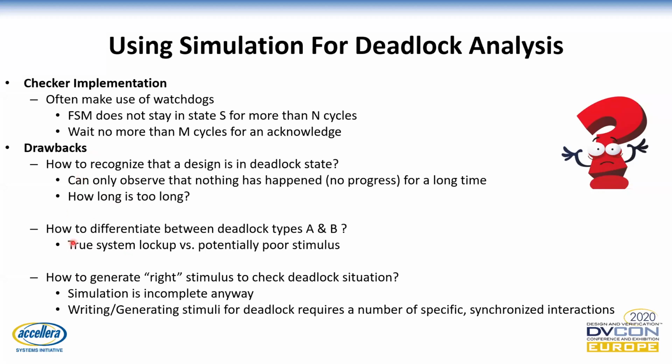The second thing is that it is not easy to distinguish between type A and B. If you think that the deadlock you are investigating is an escapable deadlock, then you have to provide stimuli showing how to exit that state. Providing such stimuli is actually very hard.